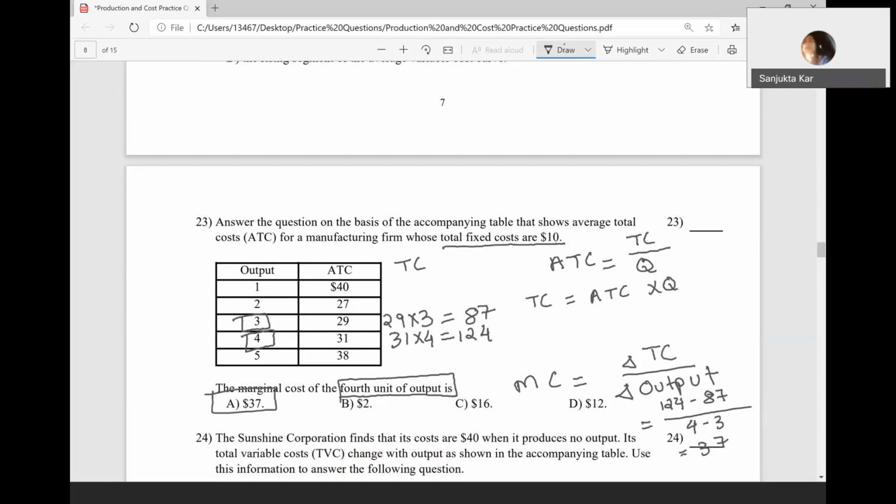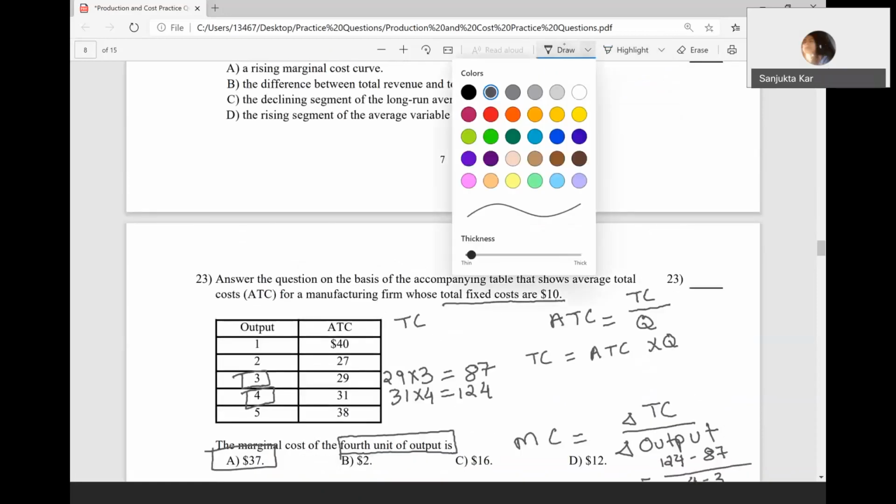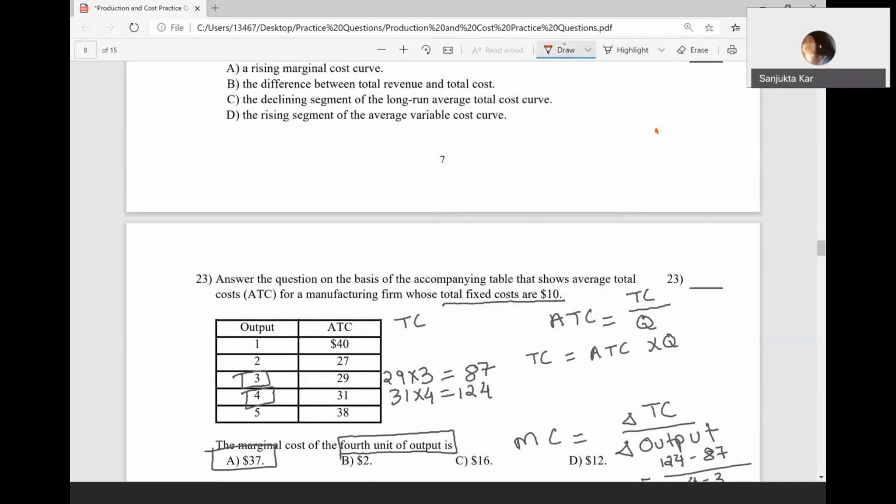We really did not use this information on total fixed cost. Just be very careful with these questions, because the marginal cost, let me highlight this here, is the change in total cost over the change in output level, and definitely not the change in average total cost.